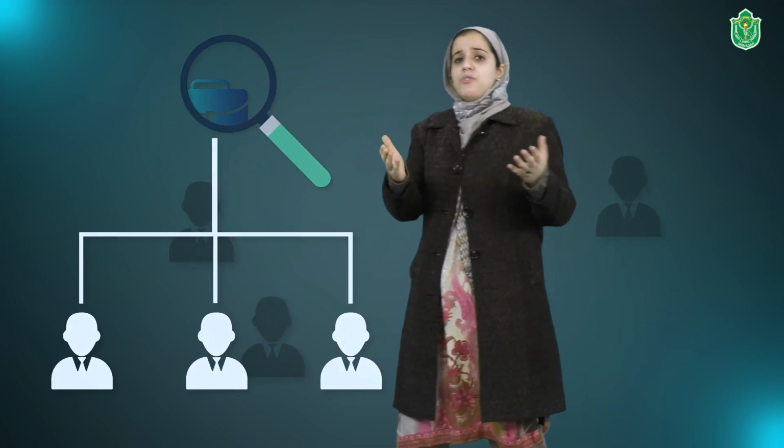Because division of work is important. A single person cannot do all the tasks of the organization individually. So division of work becomes necessary. It also facilitates specialization of work and efforts. So the first step is to identify and divide the work.